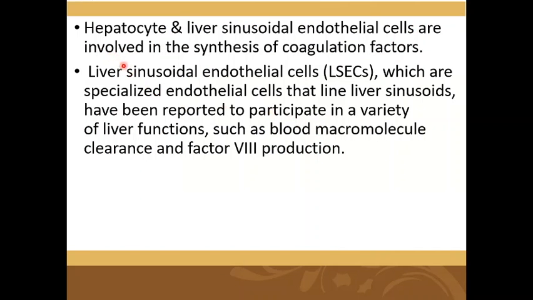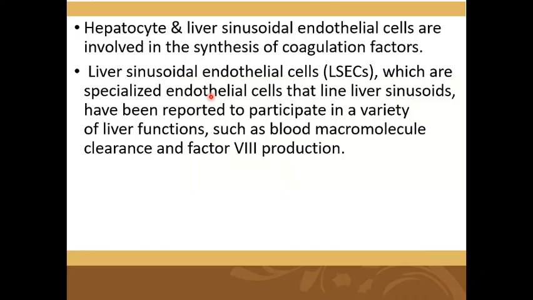Hepatocytes and liver sinusoidal endothelial cells are involved in the synthesis of the coagulation factors. Liver sinusoidal endothelial cells, which are specialized endothelial cells that line the liver sinusoids, have been reported to participate in a variety of liver functions such as blood macromolecule clearance and factor 8 production.